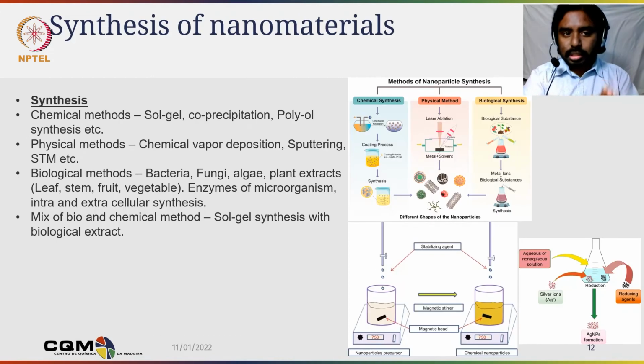So synthesis approaches, you have chemical approach, sol-gel, co-precipitation, polyol, etc., right? So chemical approach, you have high stability, you can synthesize nanoparticle of whatever size you want, whatever shape you want, right? But their stability is also high, but they use a toxic reducing agent, right? So reducing agent is quite important. So in order to reduce their size, you need reducing agent.